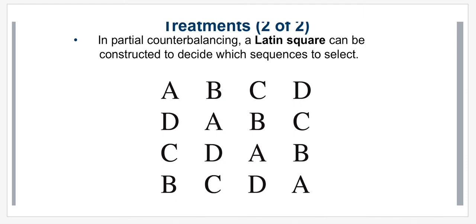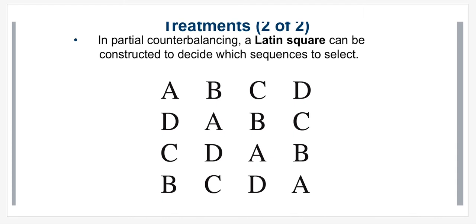Another group of participants would do the memory techniques in a different order. They would do D, A, B, C. And then the third and fourth groups would do the other 2.